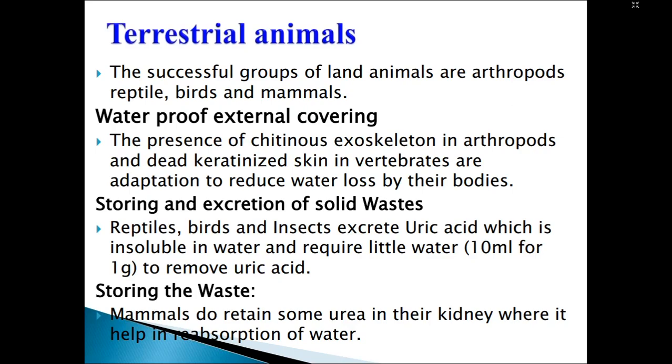They are animals like reptiles, birds and mammals. So they are living on the land or in the air like birds, flying birds, mammals which are on the ground, under the crevices, in the air like bat.